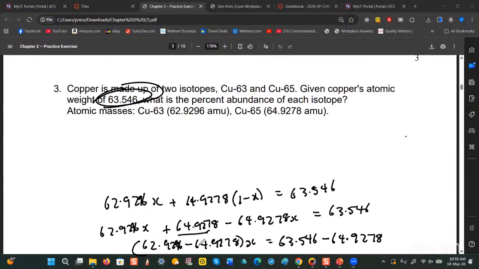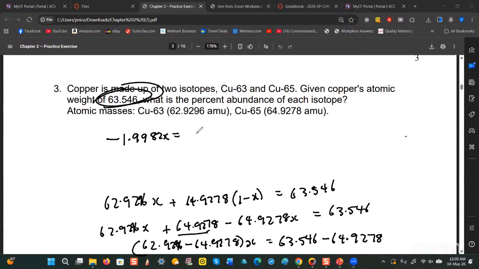So 62.9296 minus 64.9278 works out to be minus 1.9982, and that will be equal to the difference here, which is 63.546 minus 64.9278. Oh, and by the way, this should be an x right here.